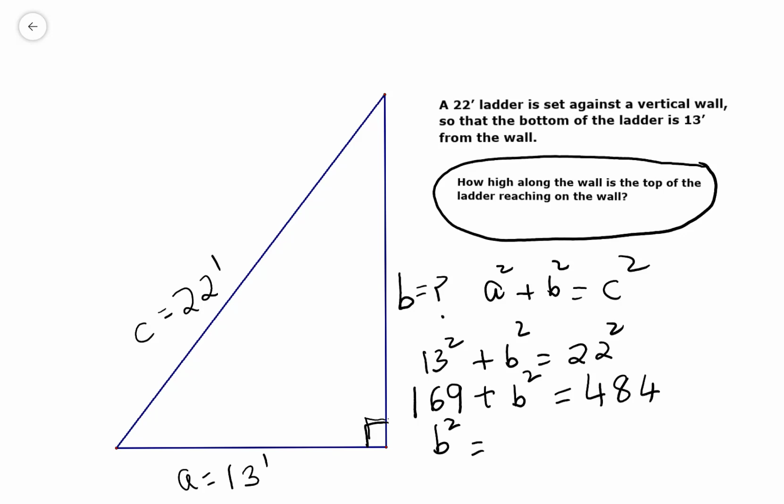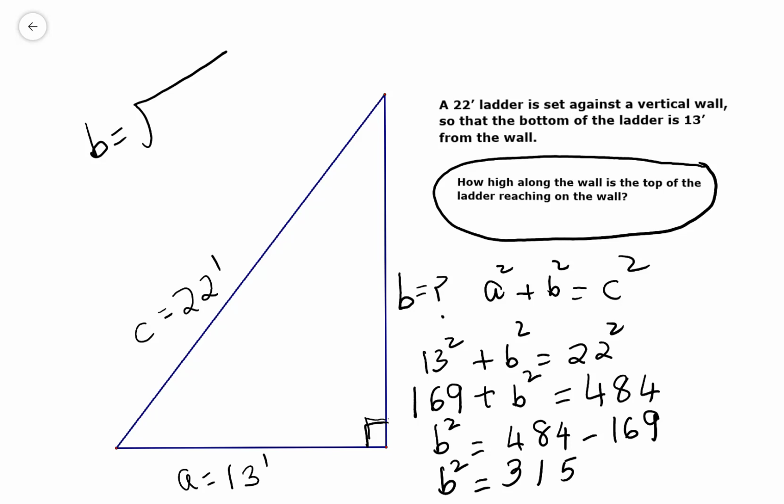So b² is 484 minus 169. I am just subtracting the old-fashioned way, so b² is going to be 315. So b is the positive square root of 315, and now I shall use the calculator, or you could use the calculator to begin with.